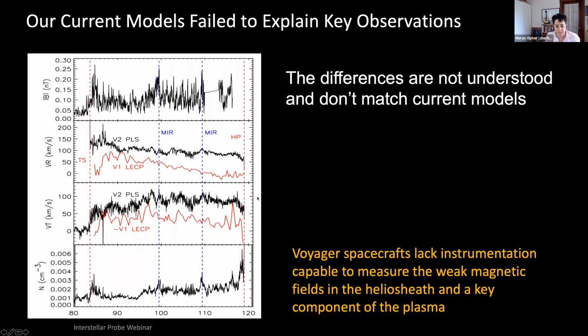One of the key measurements that I won't talk about in this class, but I just want to show you. This is the magnetic field, sorry, measured by Voyager. Those are the flows measured on Voyager 2. Voyager 2 has a plasma instrument. Voyager 1 does not have a plasma instrument.